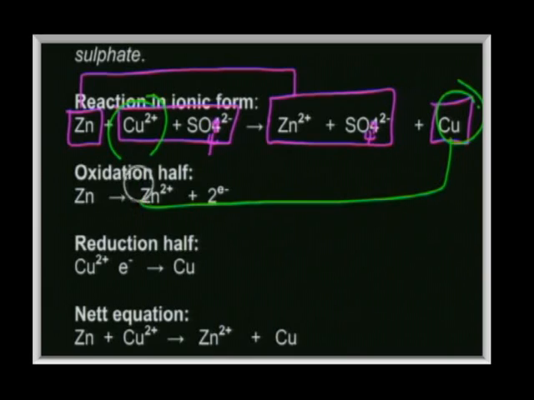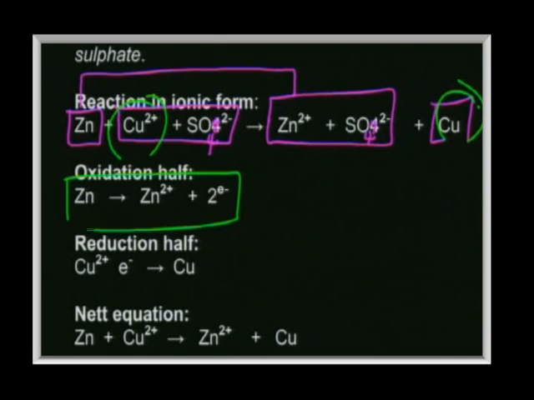If you go and you look at the half reactions, now a half reaction over here is characterized as a reaction that is only one half of the entire reaction. You will notice that we look at the reaction where zinc is only, or we go and we look at the reaction where we have our copper only. Now your zinc on its own has been the one that has lost its electrons.